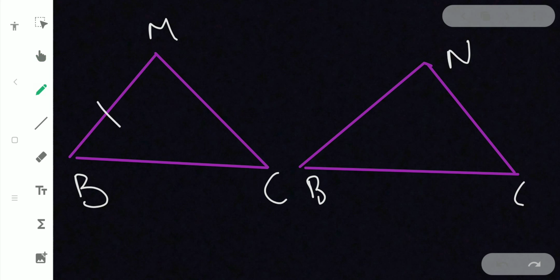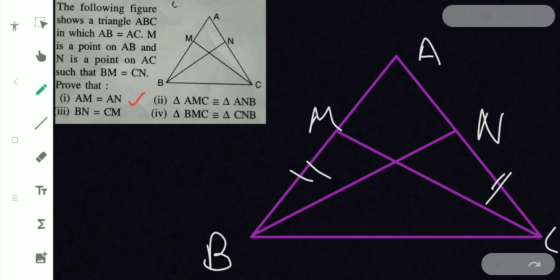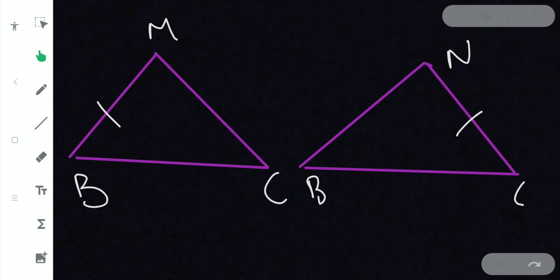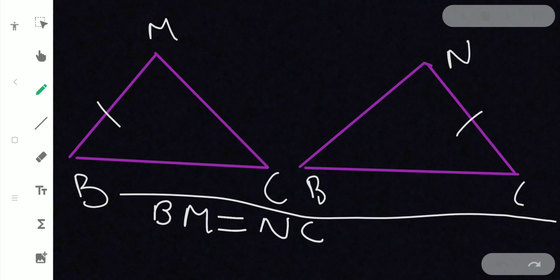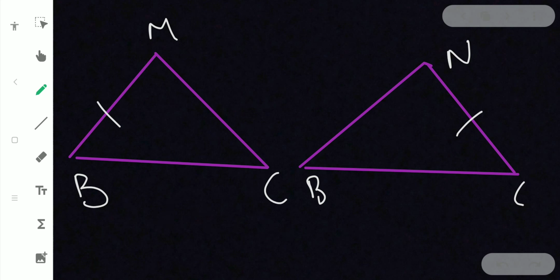We have BM is equal to NC. Here it is given in the information BM is equal to NC. So I will write here itself BM is equal to NC, and we have to prove another two.